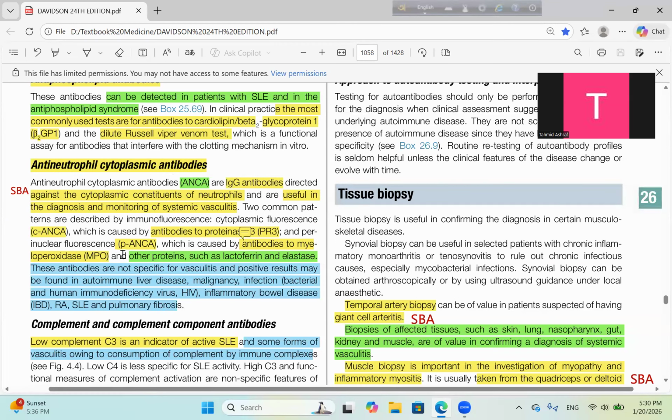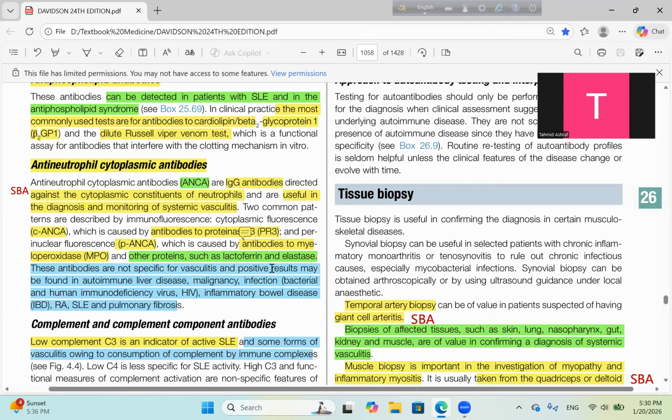And perinuclear means around the nucleus. The antigens remain in the cytoplasm, but around the nucleus. So here, antibodies to myeloperoxidase and other proteins such as lactoferrin, elastase. These substances remain around the nucleus of neutrophils. Antibodies produced against them are called P-ANCA, perinuclear anti-neutrophil cytoplasmic antibody.